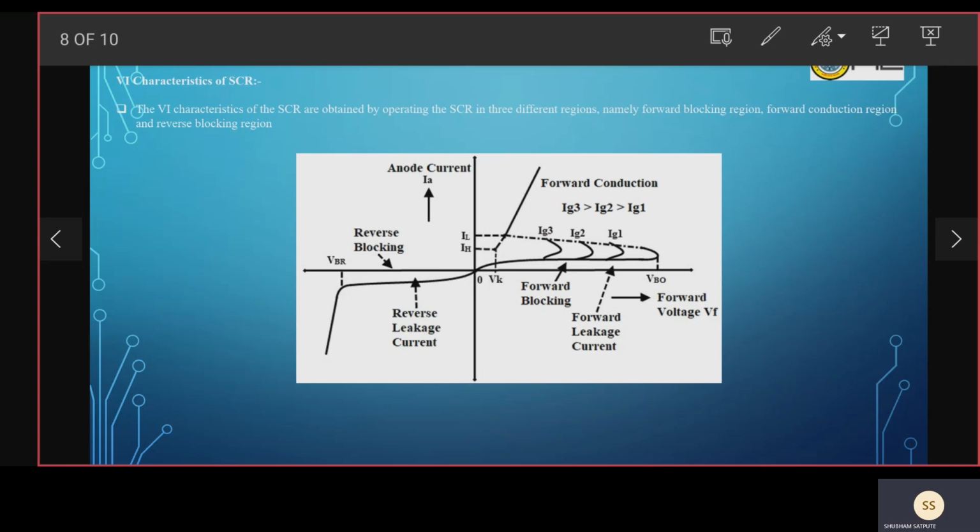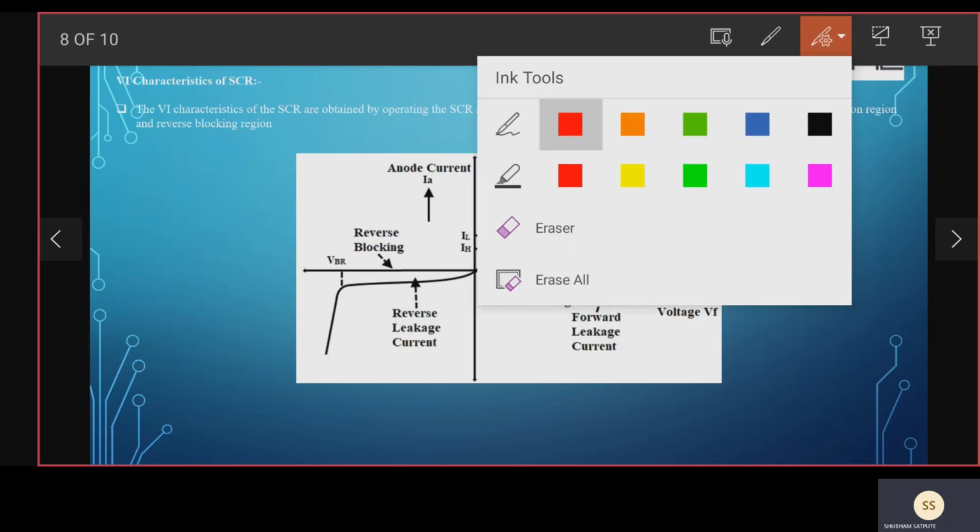When the SCR is operating in the reverse blocking mode, a small leakage current flows in the reverse direction, which is marked as the reverse leakage current in the graph. It is located in the negative quadrant of the graph.